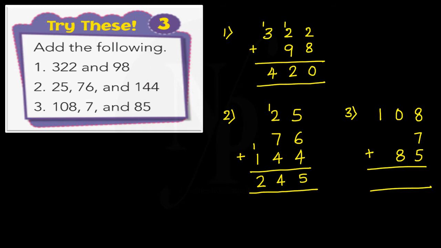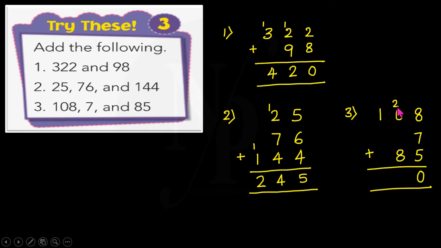So here we add 8 and 7. 8 plus 7 is 15. 15 plus 5 is 20. And 20 ones are regrouped as 2 tens and 0 ones. So 2 tens are carried forward to the tens column and 0 ones are written in ones column.